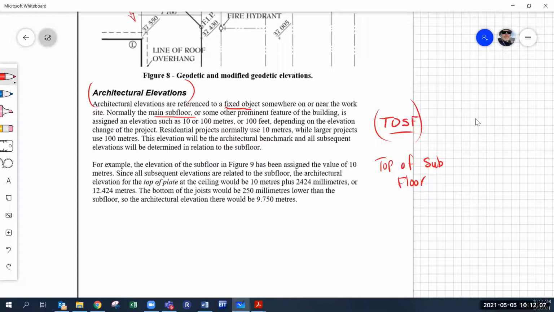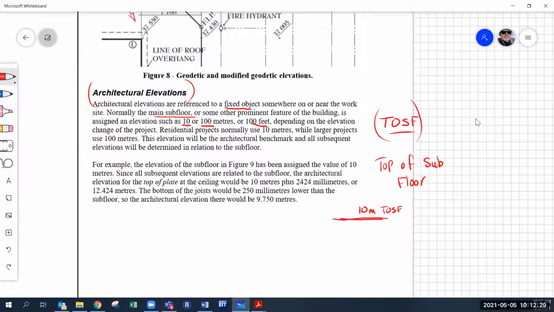And so this architectural elevation is a given number, and sometimes it's 10 or 100 meters or 100 feet. So it gives you a top of a subfloor and it'll say 10 meters, TOSF.